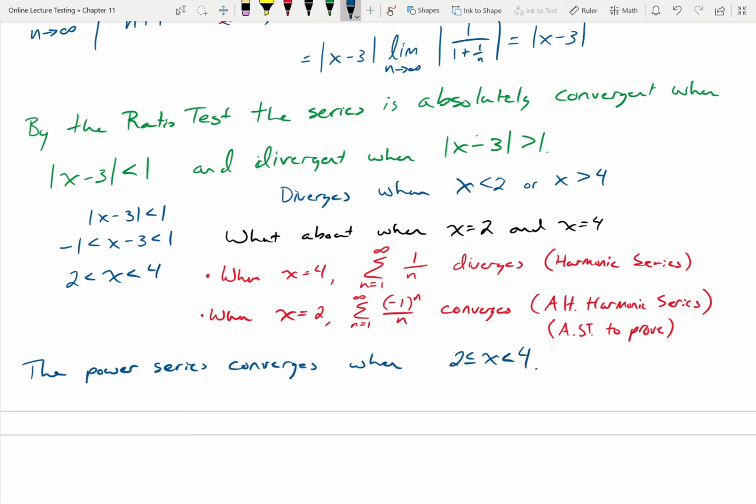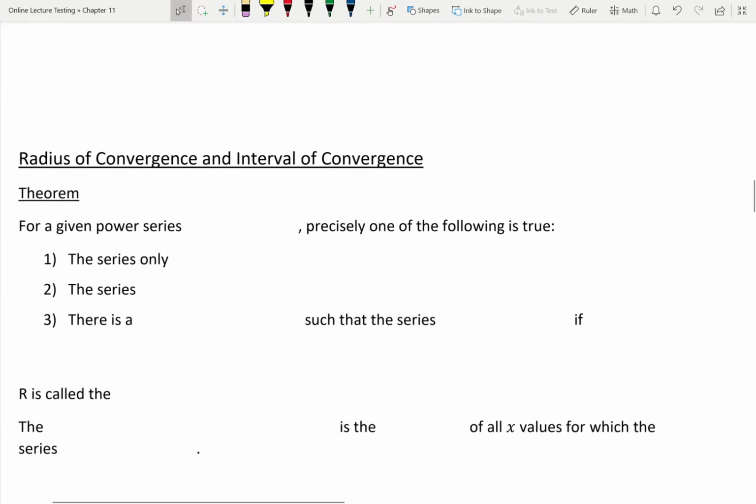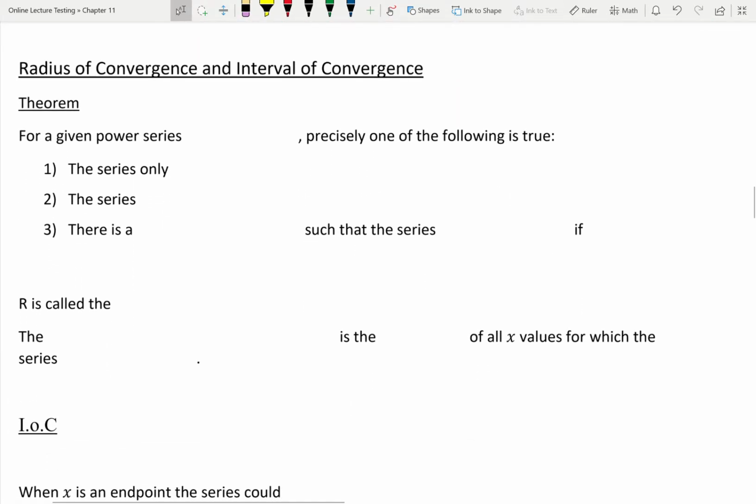All right. So what does this interval actually mean? So this is where we're going to get into having the correct terminology when we're talking about these. All right. So this is where we're going to get into the radius of convergence and interval of convergence.